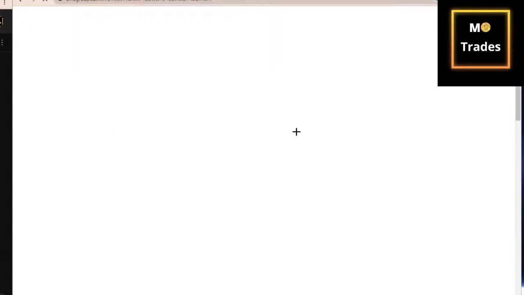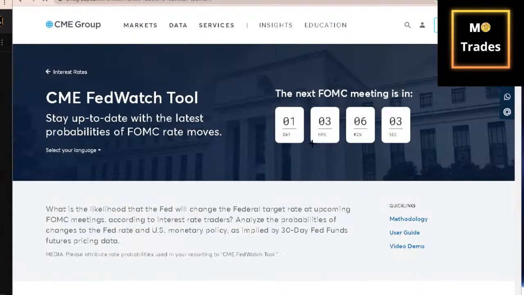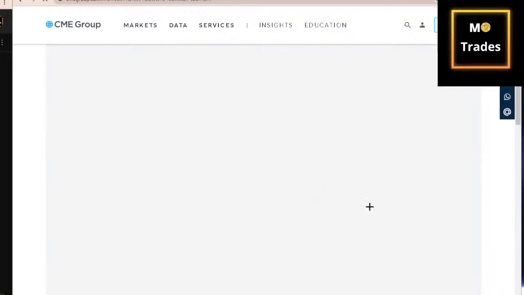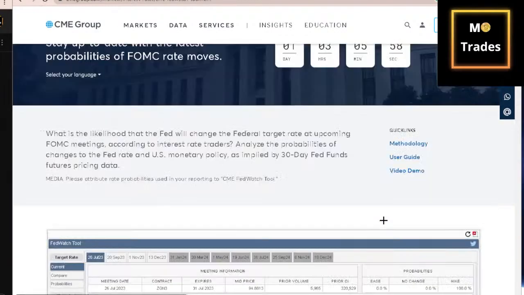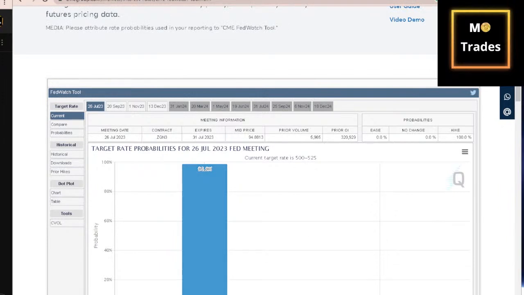We have the CME FedWatch tool, basically showing you it's going to be announced in one day, and what market participants are anticipating or expecting.